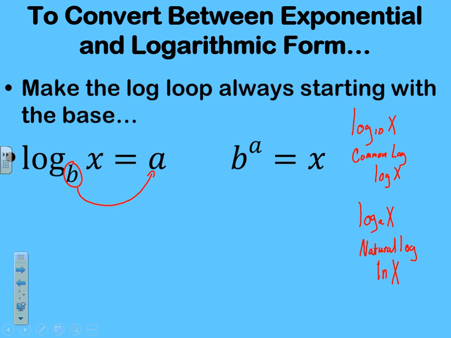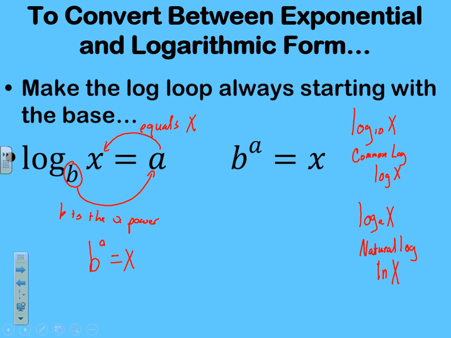The way that we convert it is we're going to say b to the a power, whatever a happens to be, equals x. Okay, so when I say b to the a power, I'm going to just write b as the base raised to whatever power a happens to be, and it is equal to x. And that's how you convert a logarithm into an exponent. And yes, it really is just that simple.